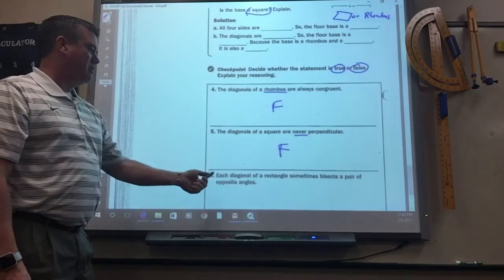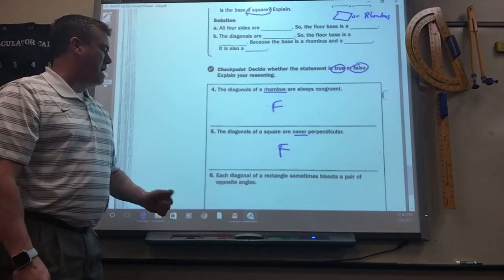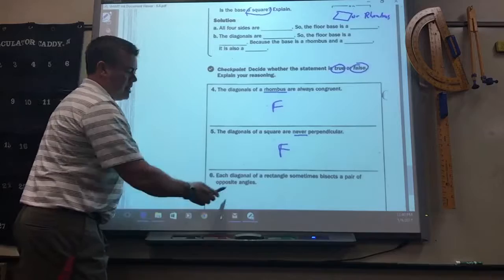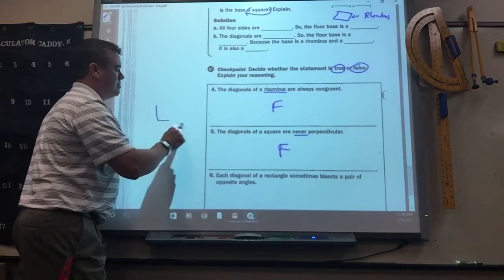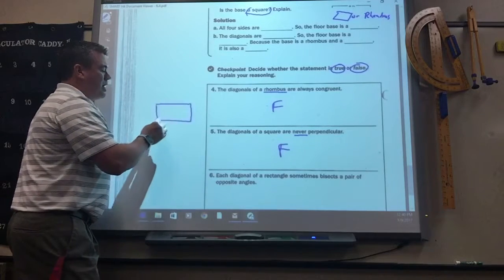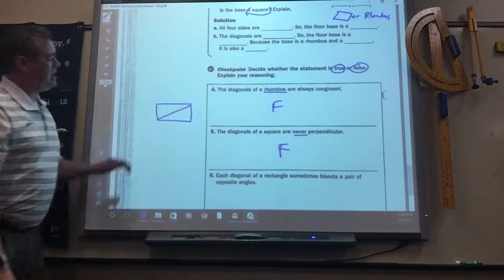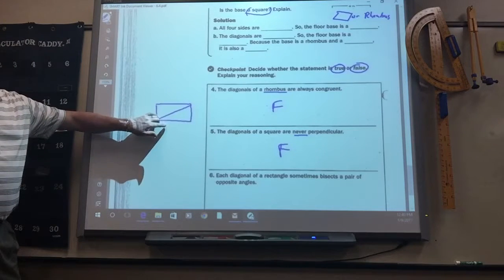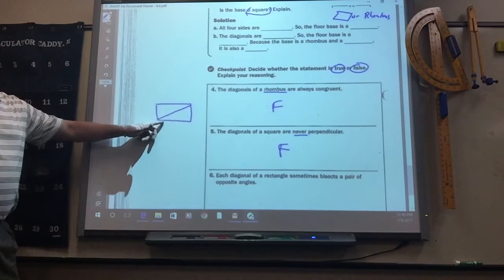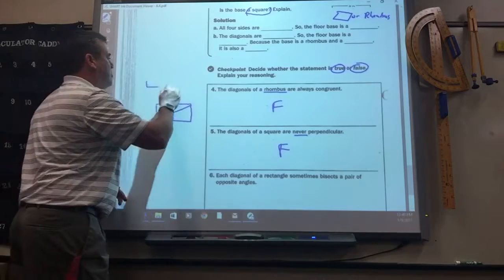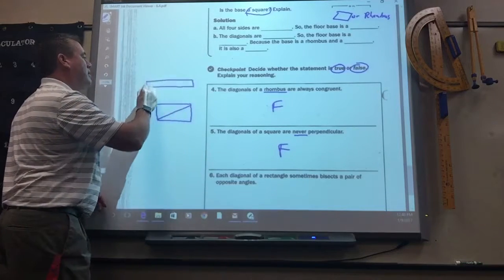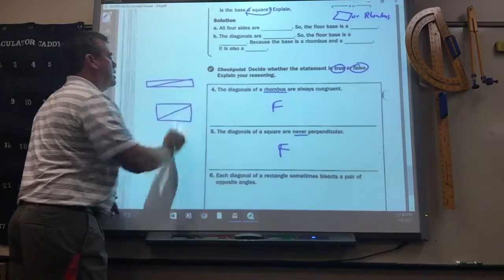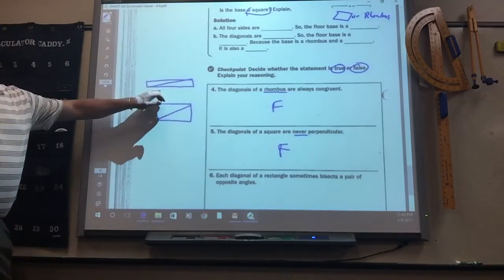Each diagonal of a rectangle sometimes bisects a pair of opposite angles. So if it's a regular rectangle, does it look like the angle's being bisected? Cut in half? Let me make a better rectangle then. No, they're not.